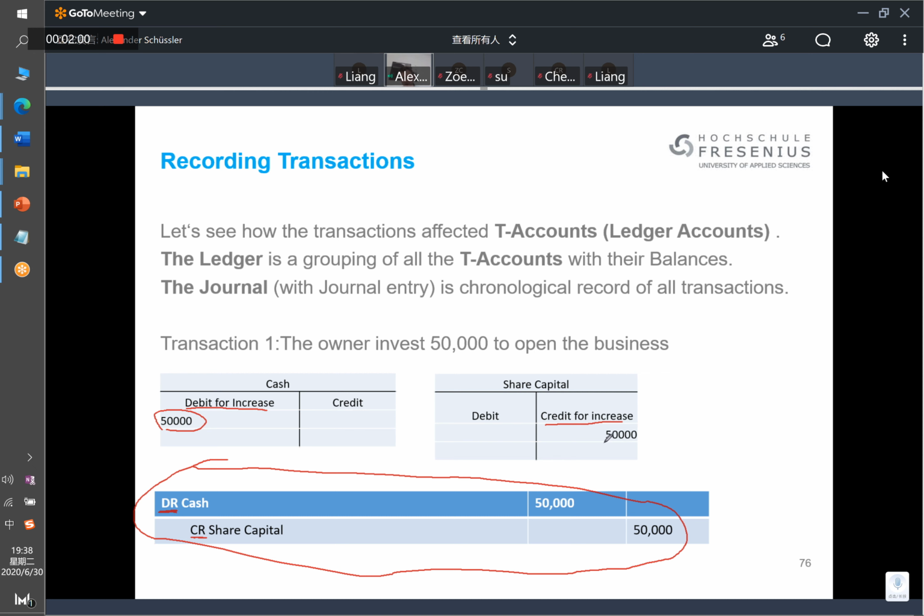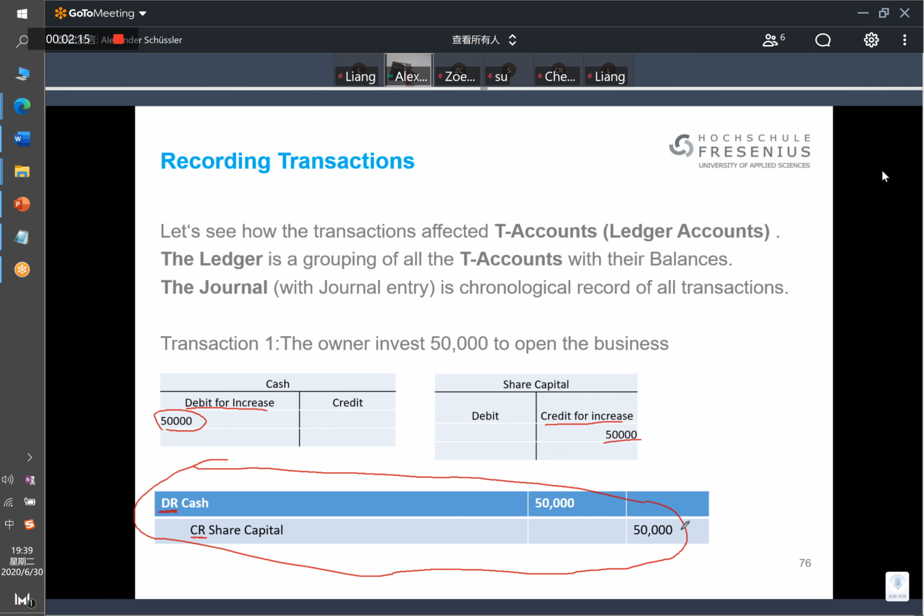You increase cash by 50,000, debit for increase, and you credit share capital, so you increase share capital by 50,000. You read it the following way: you debit cash 50,000, and you credit share capital by 50,000.